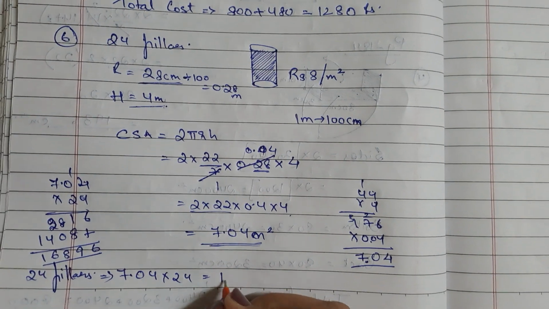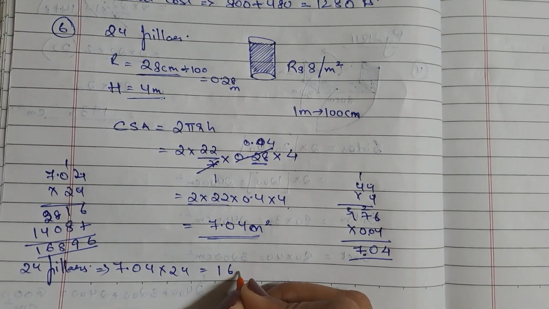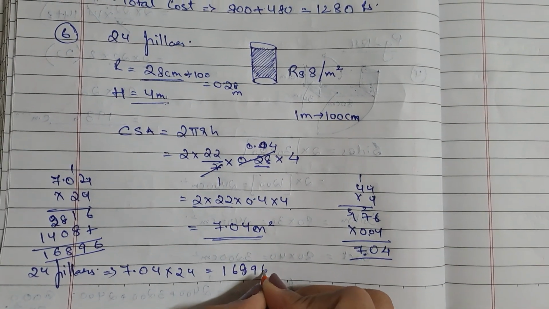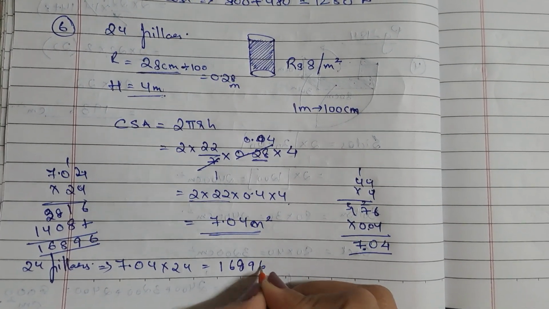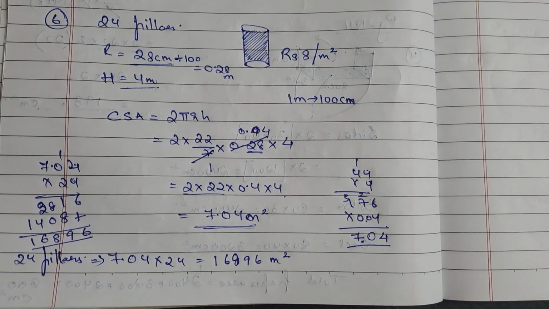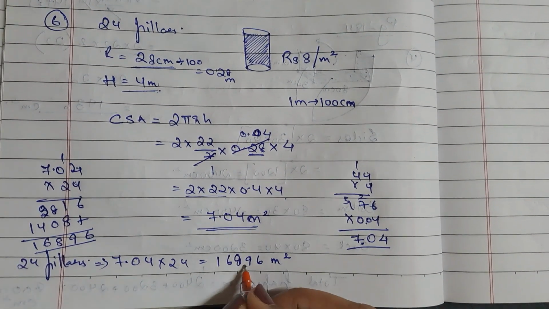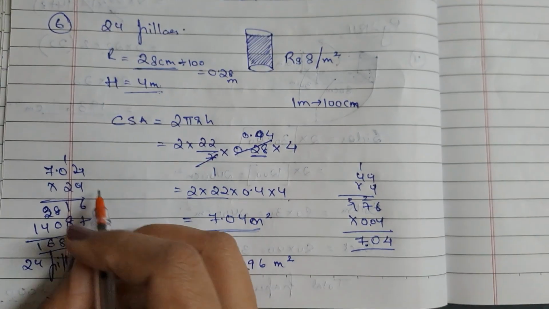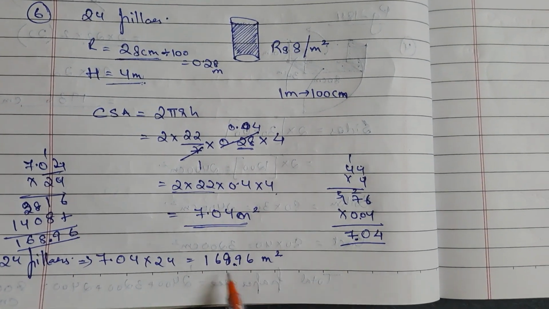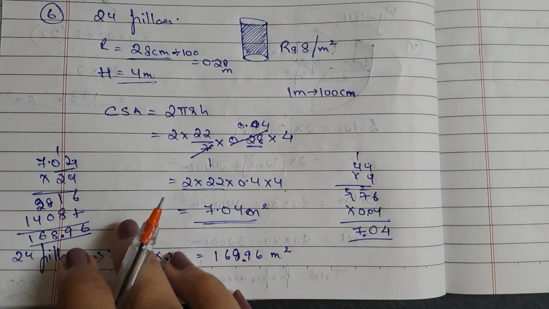It's going to be 16896. This is the total area of the 24 pillars. The decimal comes in here. I forgot to put the decimal because it is after 2 places. Here also it will come after 2 places, and the answer will be 168.96 meters square.